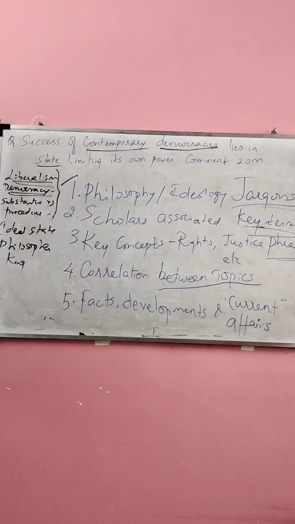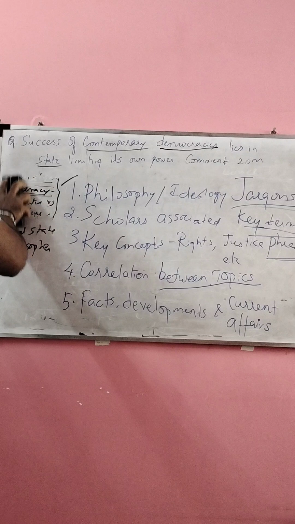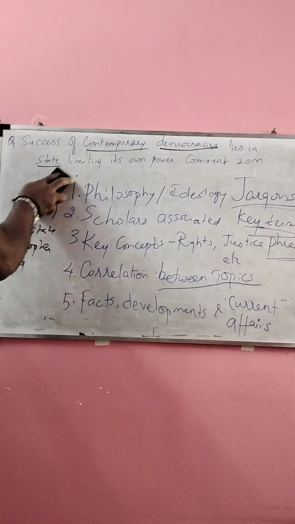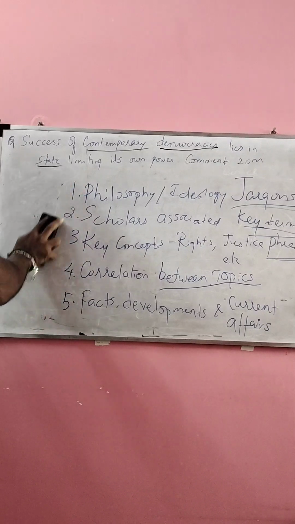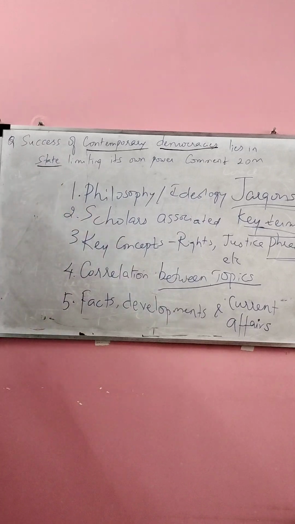Next is the scholars associated. Now think about the scholars who have spoken about the concept of state, who have spoken about democracy. Who are the scholars? In the ancient period, people like Socrates, Plato and Aristotle spoke about the state.